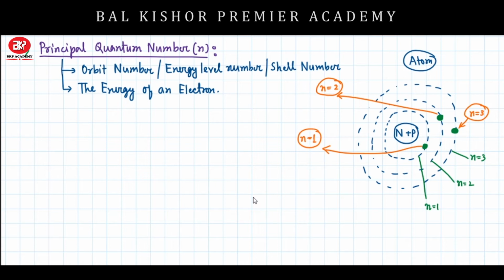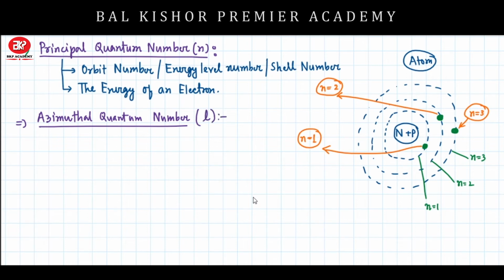Now let us see the azimuthal quantum number. The azimuthal quantum number is denoted by small l.